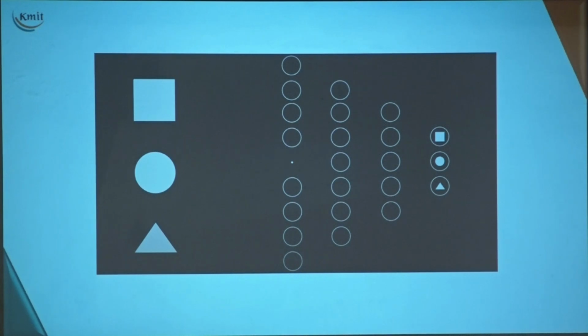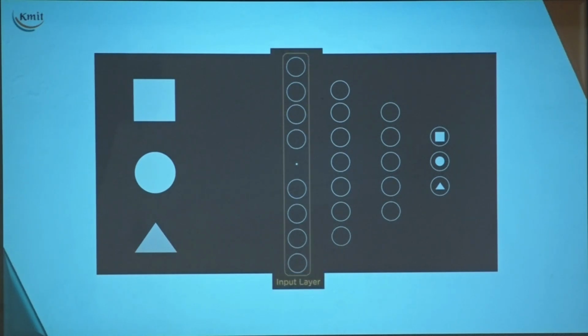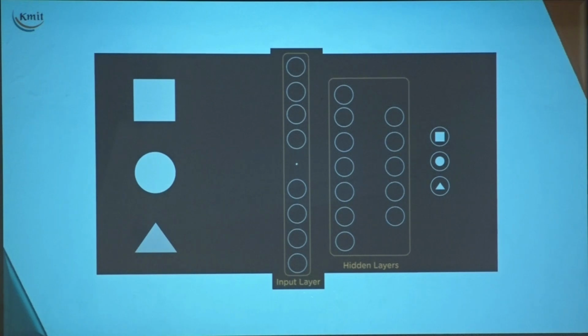How many layers do I have? 4, in which there is one input layer, 2 hidden layers, one output layer. Are you all clear with this? This is the input layer, these are 2 hidden layers, this is the output layer.